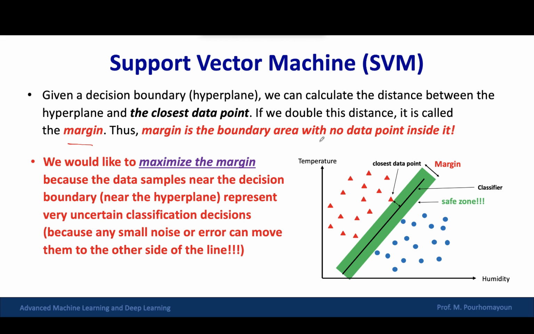In fact, this green area is the area with no data sample in it. We would like to maximize this margin because the data samples near the decision boundary represent very uncertain classifier decisions, risky samples. So the classifier with the largest margin is probably a very good, reliable classifier for classifying our data.